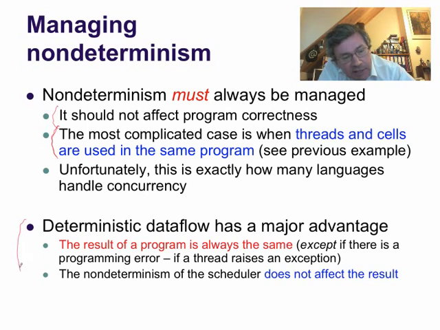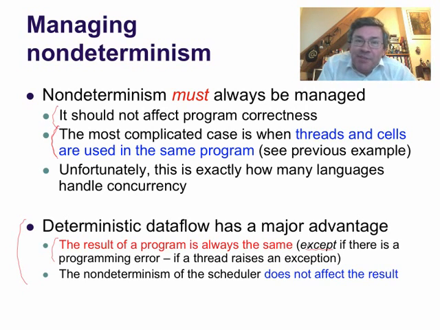Okay? This is where deterministic data flow has a major advantage, since it does not have cells. It only has threads. The result of a program is always the same. No observable non-determinism. Despite all these possible interleavings, you don't see any difference. Except, there is one exception, if there's a programming error. If there's a programming error, an exception will be raised, and then you will see.